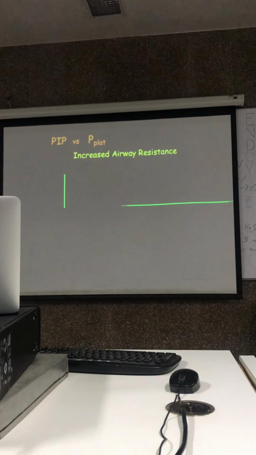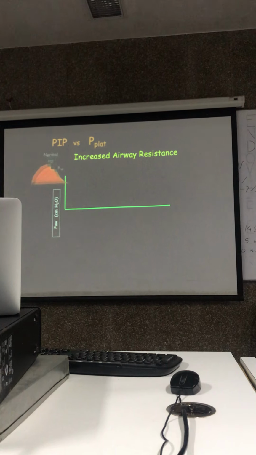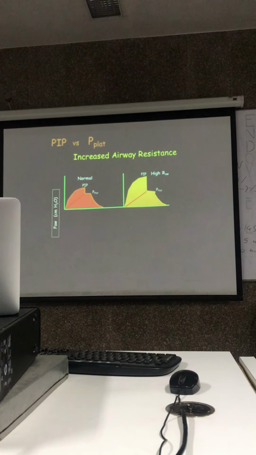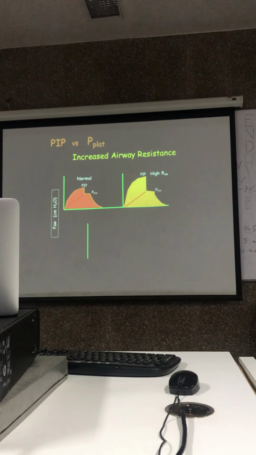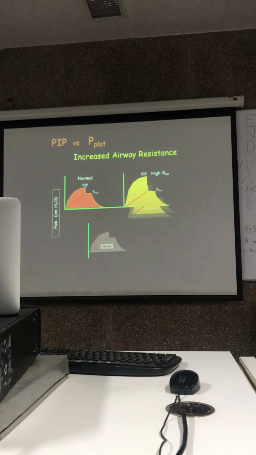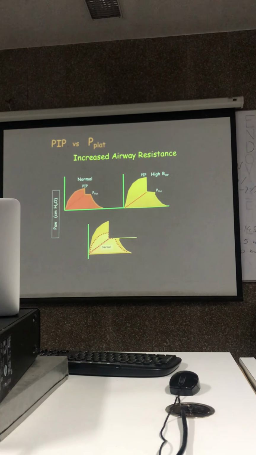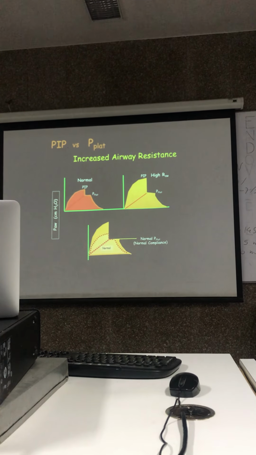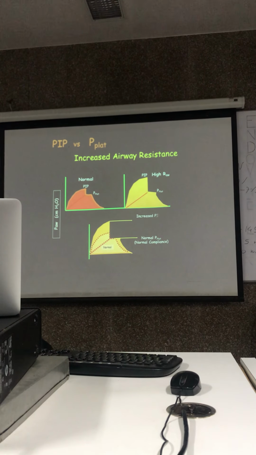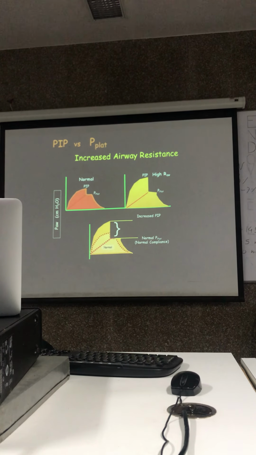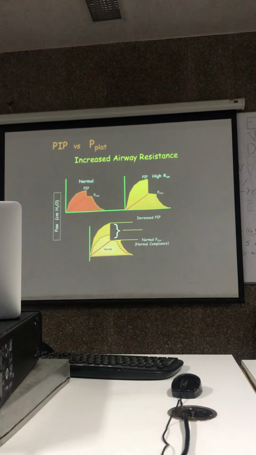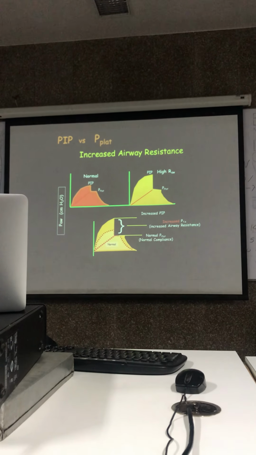And now we come to increased airway resistance. Because I gave you all three components in a short time, we'll just look at each individual pattern of the pressure versus time scalar.